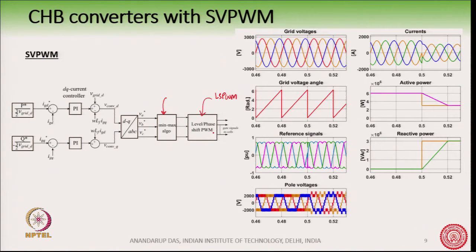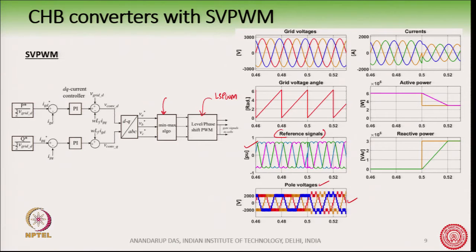And so you see here the Vref waveform changes now from a sine wave to something familiar with space vector PWM, and here you can see the pole voltage also changes.